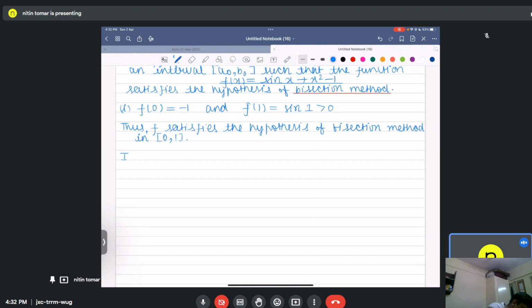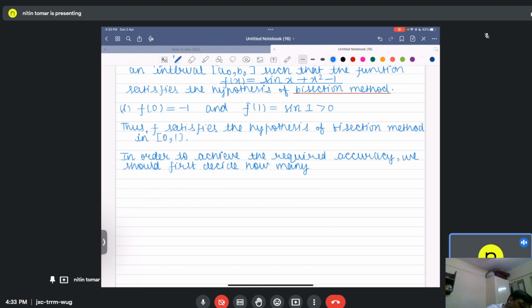Now, in order to achieve the required accuracy, we should first decide how many iterations are needed.